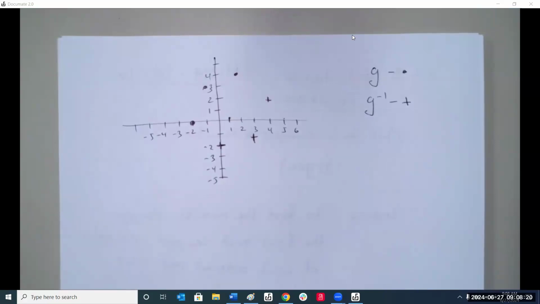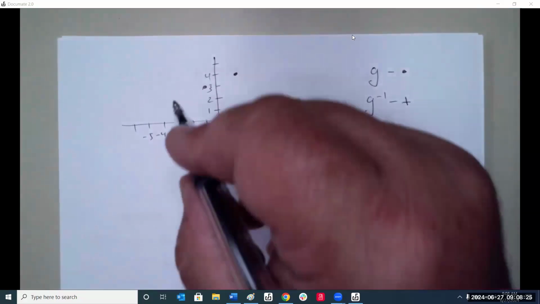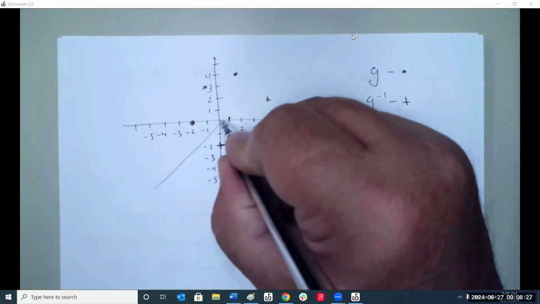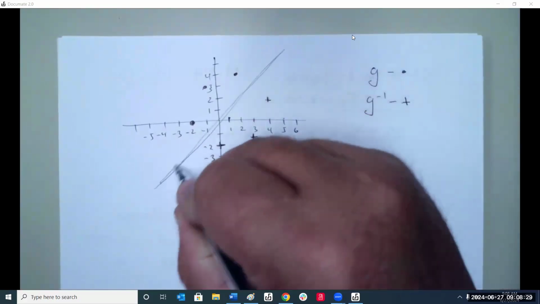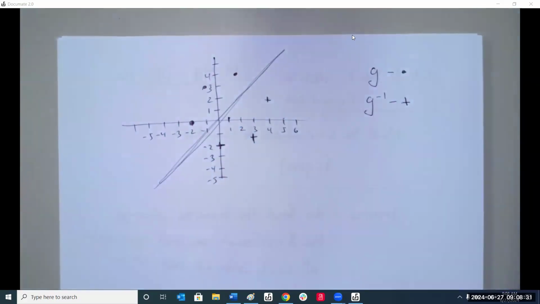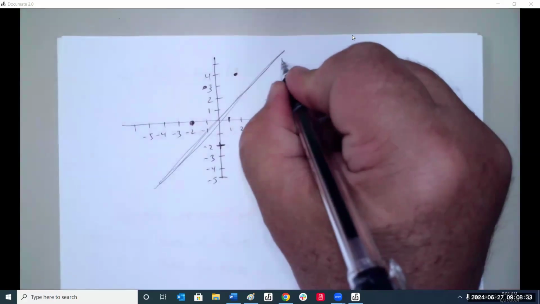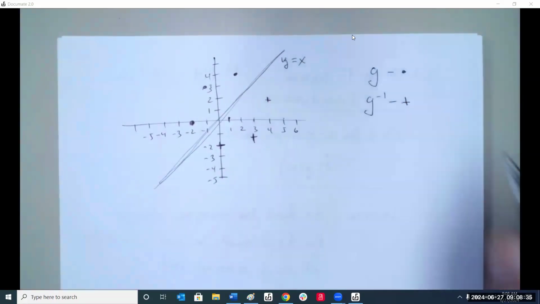There aren't enough points, but there's a definite pattern. It's a reflection across the line y equals x. So yeah, that's exactly what it is. It's a mirror image.